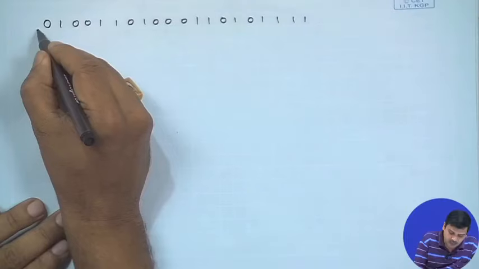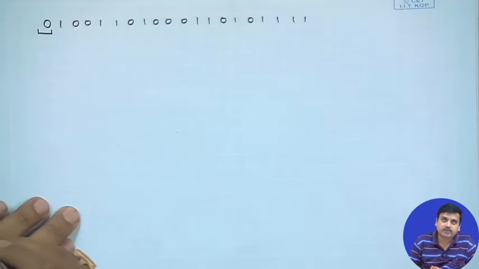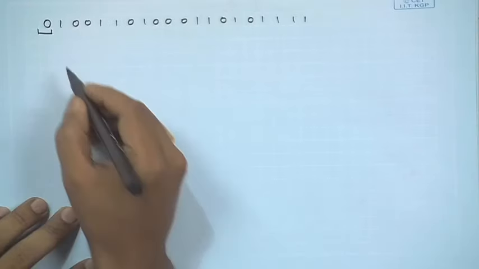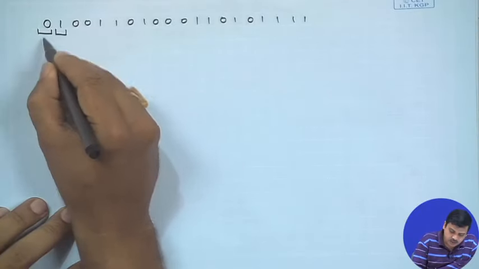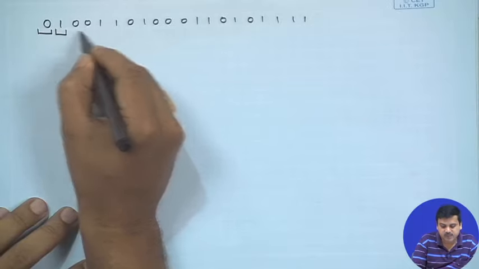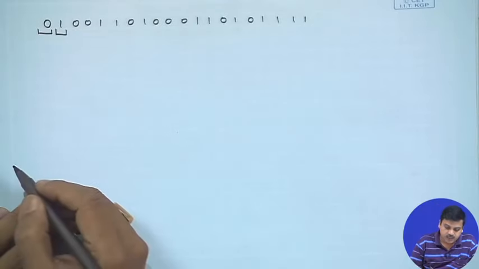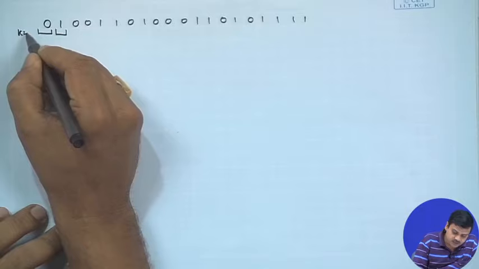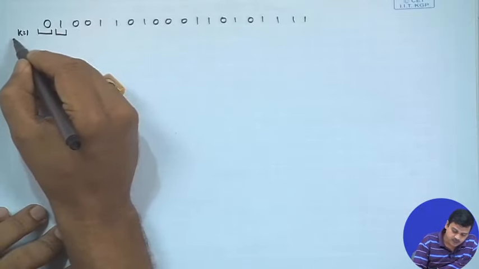If we are using 2 level amplitude, then it is simple that I would choose one bit at a time, because M equals 2 means k equals 1. So, here this would map to, let us say, minus d, this would map to plus d, and so forth. This is k equals 1 and M equals 2.